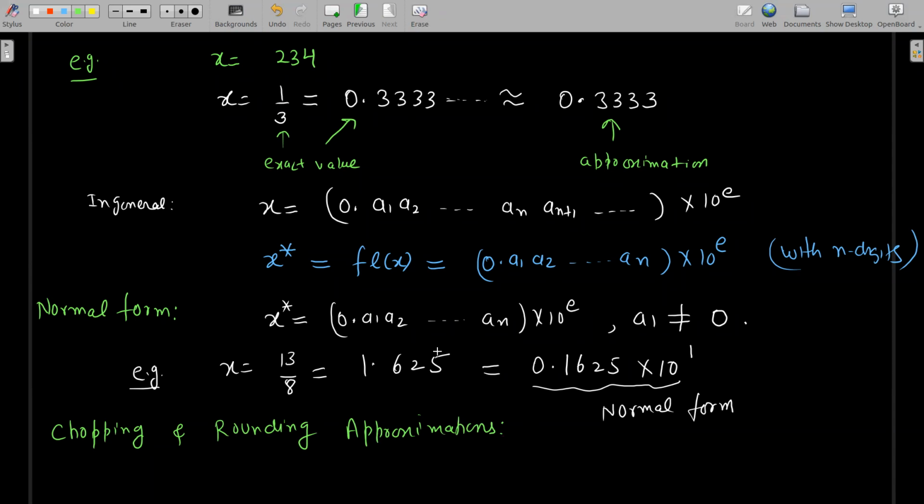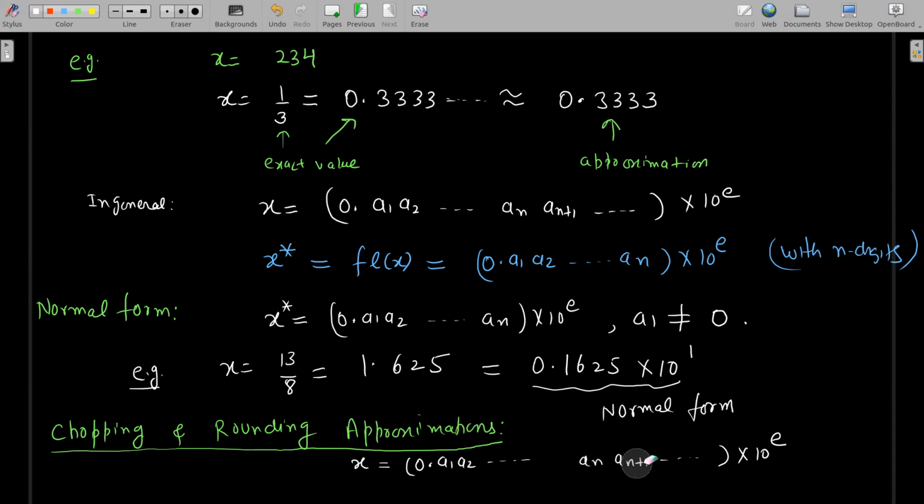I'm not going to write a big definition, we just write it symbolically. So we have a number 0.a1 a2 ... an and so on, है ना? Infinite digits हैं तो that will continue. So this is the exact value, like 0.33333, it will continue. Okay, 1 by 3. So what we do in chopping is we just cut, and the cutting depends on the machine that you are using.